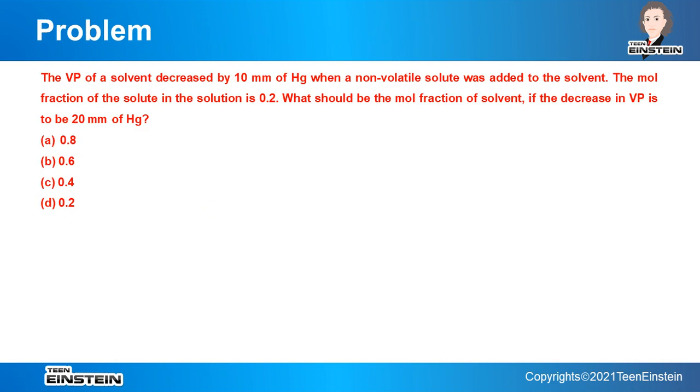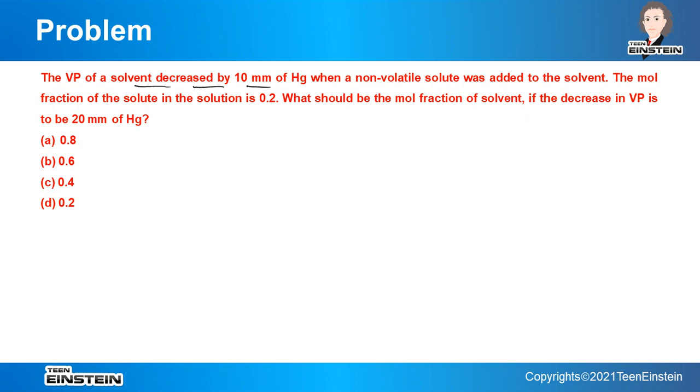Now we will solve a problem regarding this relative lowering of vapor pressure, so the idea about it will be more clear. So here we have the problem. The vapor pressure of a solvent decreased by 10 millimeter of Hg.